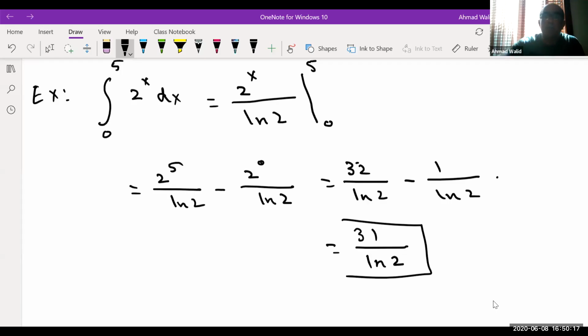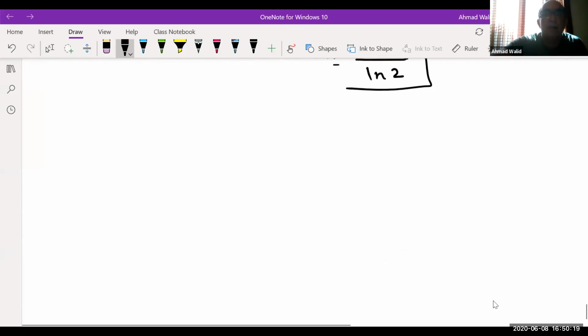This was the first part of the lecture in 6.4. Now, a very good rule using logarithms to differentiate some really crazy functions.